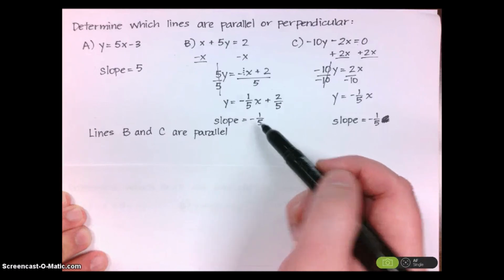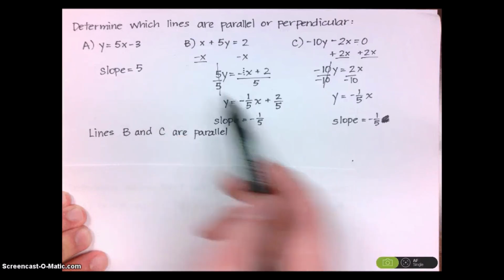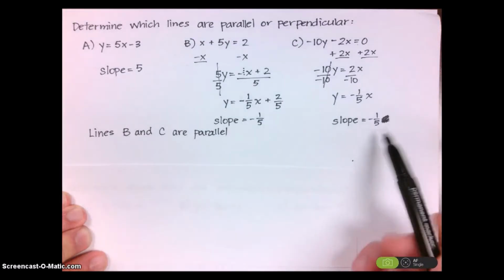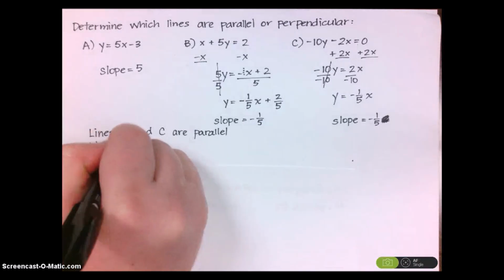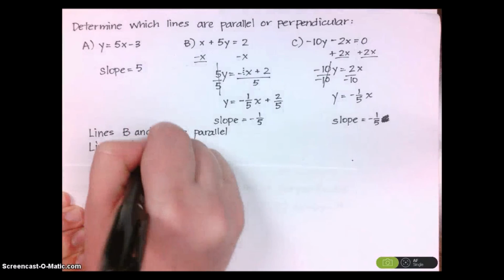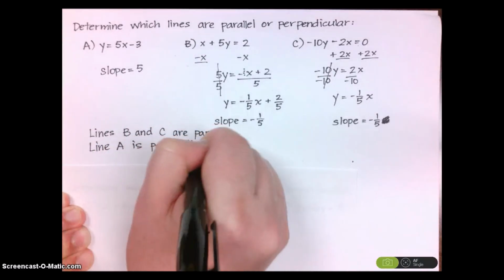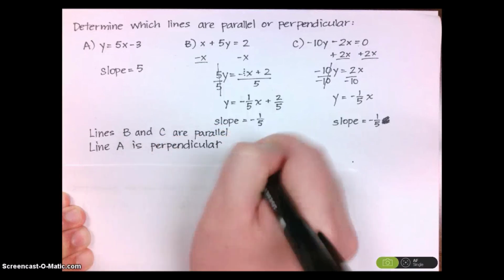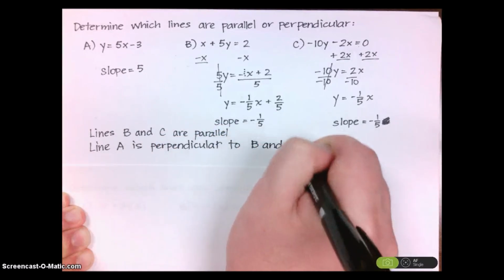So this is telling me that not only is A perpendicular to B, but line A is also perpendicular to line C. So line A is perpendicular, it's a long word, to B and C. And I'm done.